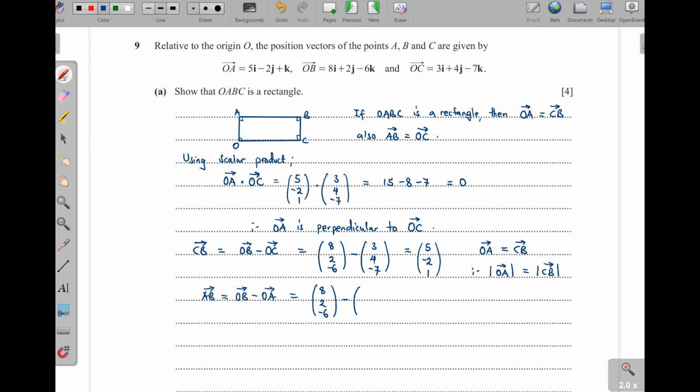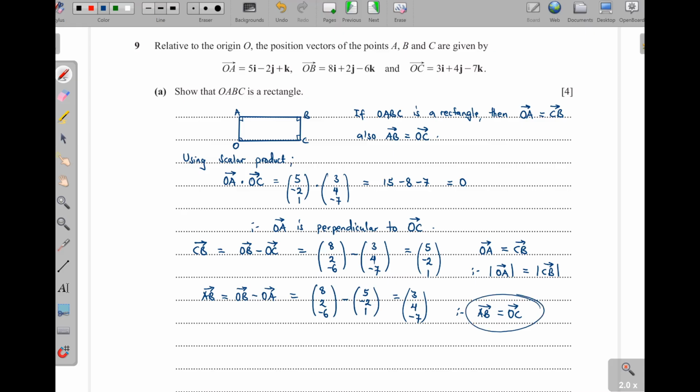We have our OA, which is 5, negative 2, and then 1. So this one will give us a 3, then a 4 here, and then a negative 7. So do you see that it is exactly what we are having here as the OC? So therefore, our AB is equal to OC.